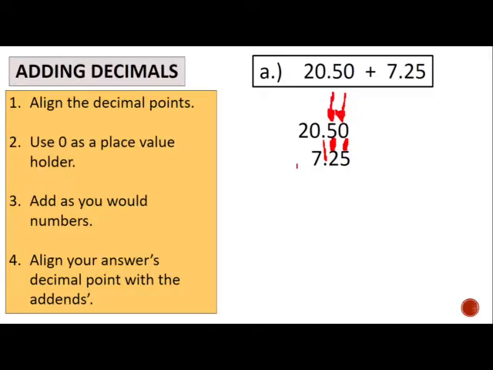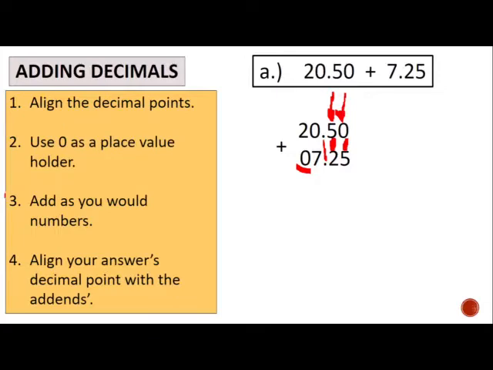And if there's a gap in here, for us to just avoid confusion, because in addition, we don't need this much. Sa subtraction lang kasi talaga natin siya magagamit, yung 0 as a place value holder. But still, we use 0 na rin in here para masanay na tayo as a place value holder there. Now, we have aligned the decimal points. We have aligned the numbers with their respective place values.